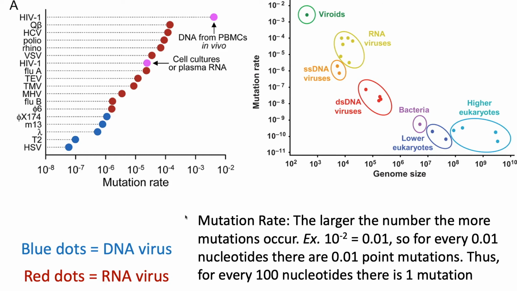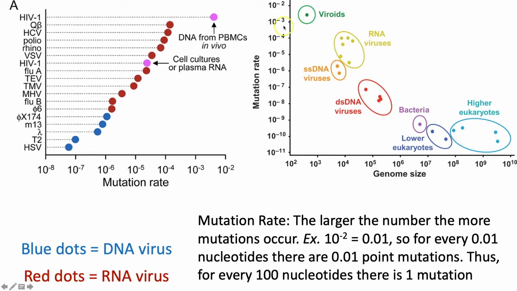And for example, over here we've got every kind of creature depicted, with the size of the genome, so we would be way over here, and then you have your lower division eukaryotes, your bacteria, your archaea, and then lots of different kinds of viruses. You can see there's also a correlation between the size of your genome and your propensity for mutations.